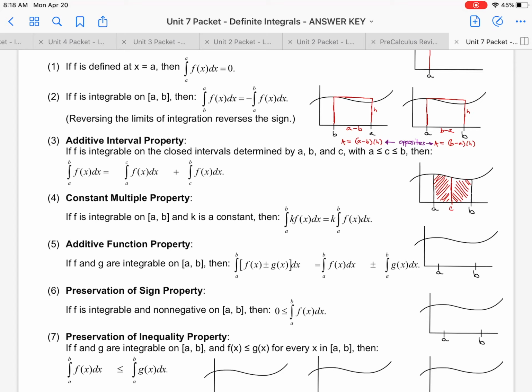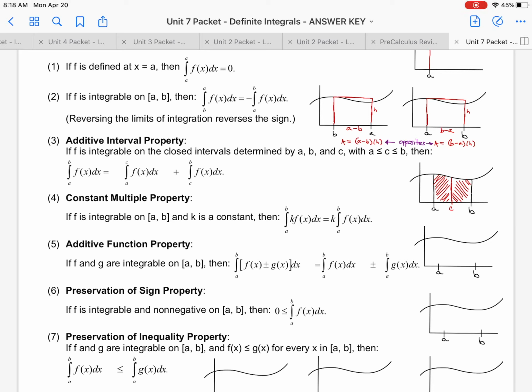If we're taking the area of a region where one component is the height, so base times height, then if you double, triple, quadruple, or multiply by 10 one dimension, you're going to multiply the area by that amount. So that's all the constant multiple rule is saying. I didn't include a diagram for that.